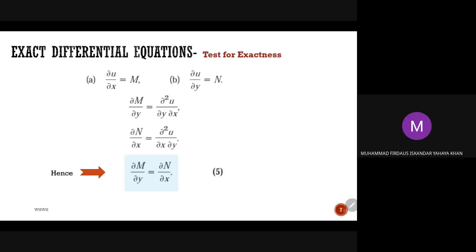So in order to determine whether the differential equation is exact or not, then you need to go for test for exactness. Okay, so now next we are going to do the test for exactness. Okay, so sekarang ni semua orang dah faham kan? Kita let del U over del X as our M and del U over del Y as our N. Clear everyone?